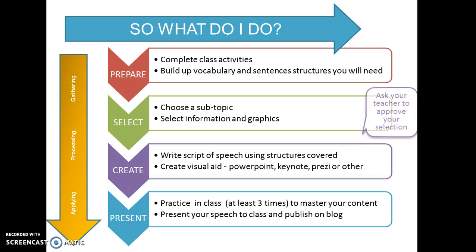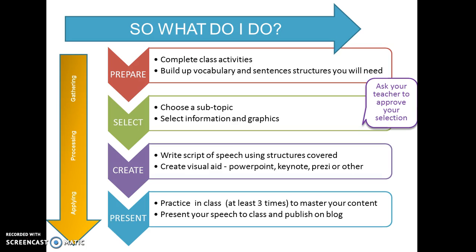So what exactly do I do? Starting off, you need to prepare by completing your class activities, which will help you build up the vocabulary and sentence structures you will need. You will then select a subtopic and information and graphics. Ask your teacher to approve your selection before you start.